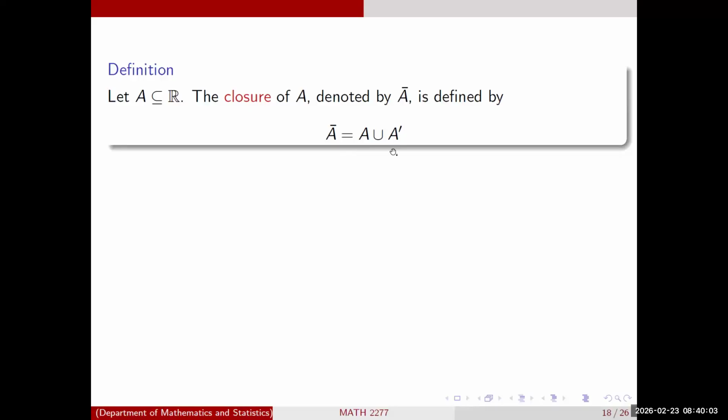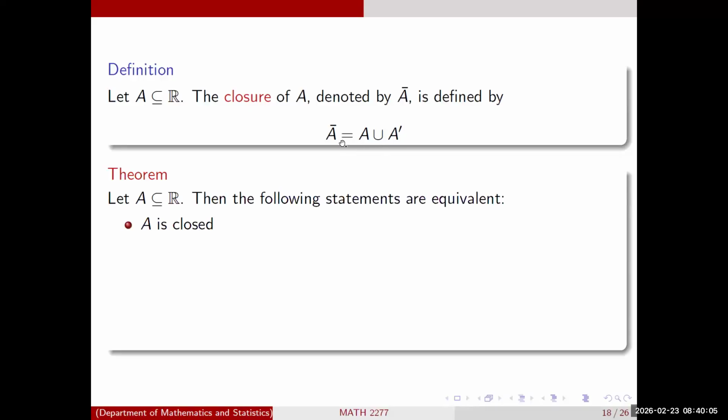So what are some properties of the closure? For any set A, the following statements are equivalent. A set A is closed if and only if its complement is open, right? We know that from the definition.